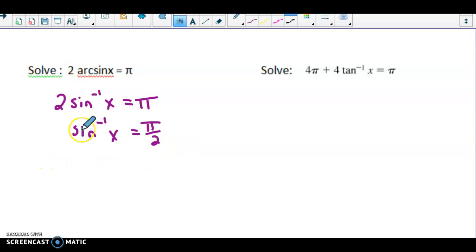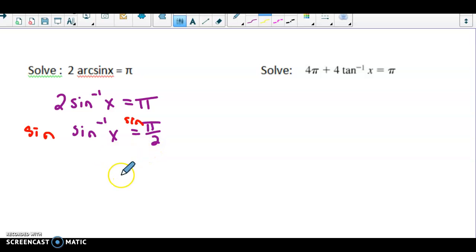In this chapter, we're solving for a variable, and we're also solving equations that have the arc sine or the inverse sine or the inverse trig right in the equation. So you do the opposite. I'm going to take the sine of this side and the sine of that side.